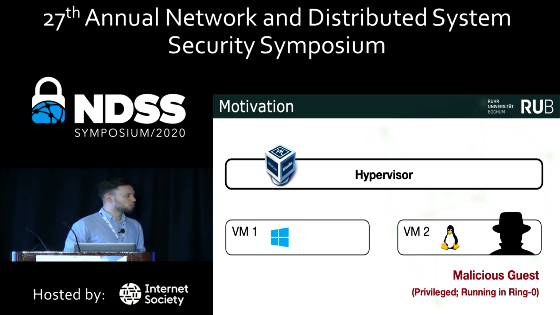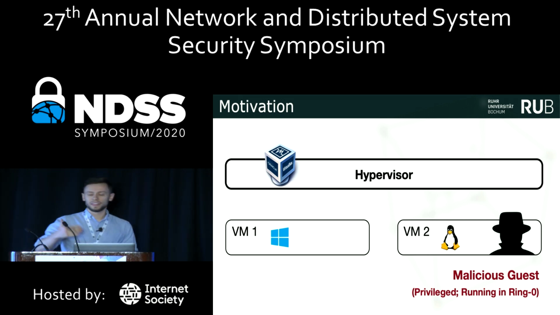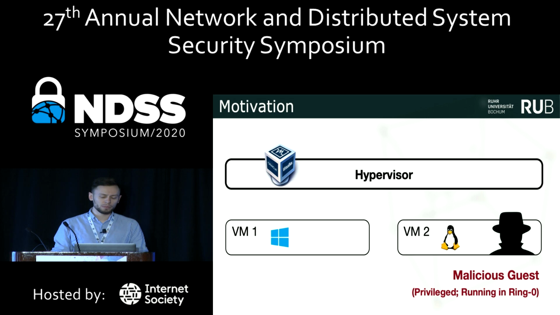If we assume that this malicious guest is privileged, which means the attacker is able to execute code in kernel mode, ring 0, and that there are implementation flaws, security vulnerabilities in the hypervisor implementation, then there are multiple possible attacks.